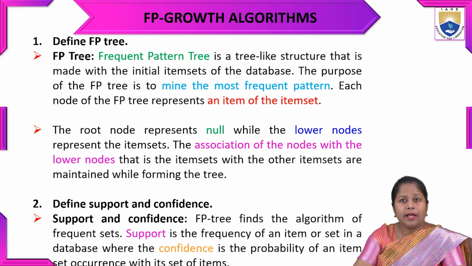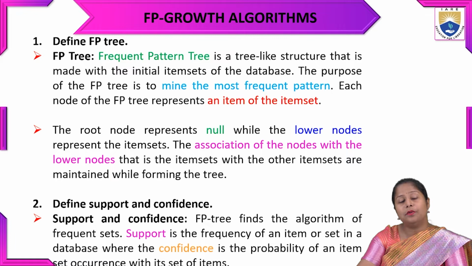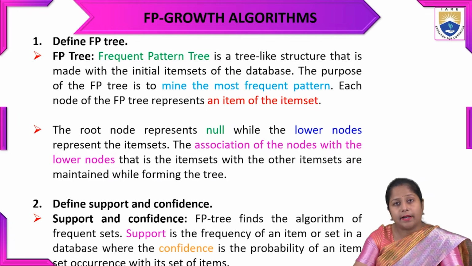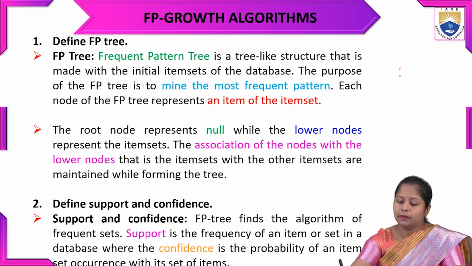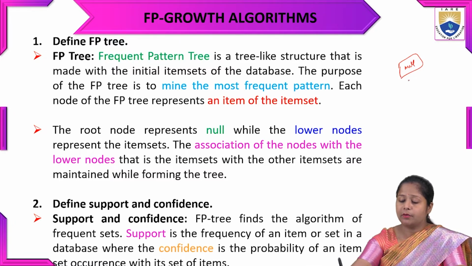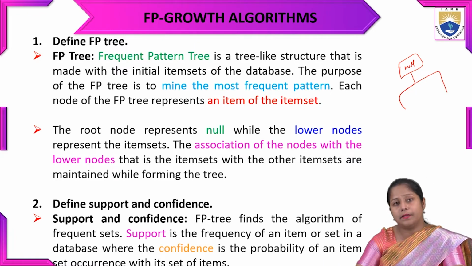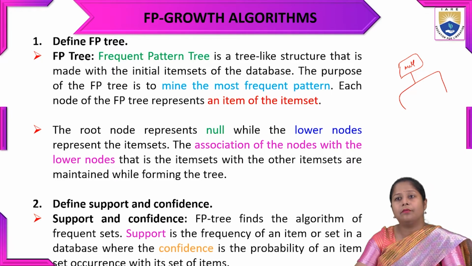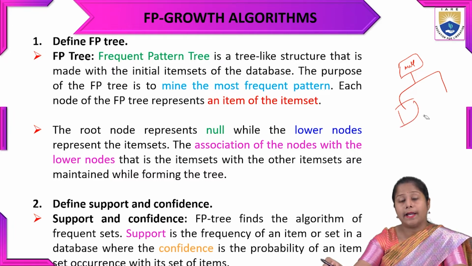Each node of the FP tree represents an item of the item set. One node represents an item, and a branch represents the item set. The root node will be there, and it is null in nature, while the lower nodes represent the other items of the item sets.